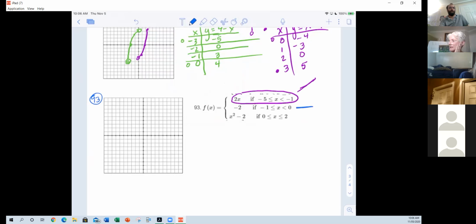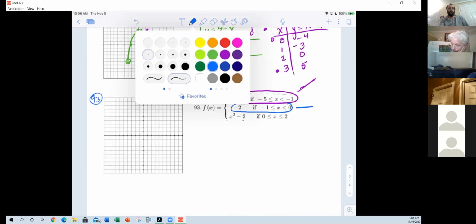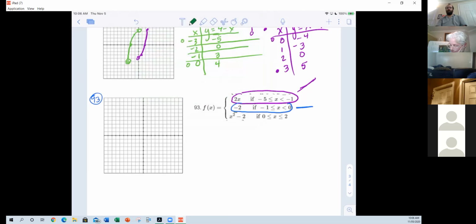Right, it's going to be a horizontal line, exactly. So this piece I know is going to be a horizontal line. Finally, the last piece, what's this piece going to look like? I would say a parabola. Part of a parabola that opens upward or downward? Upward.